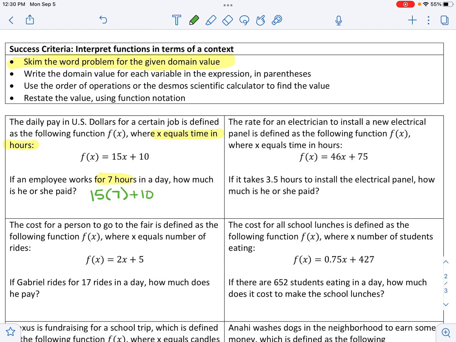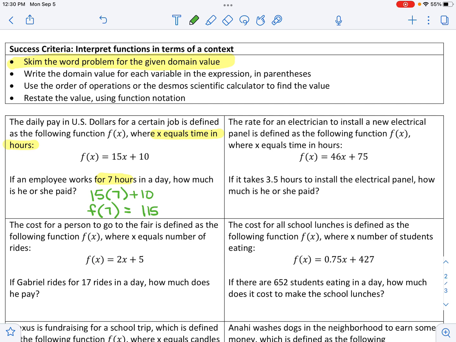Rewrite it as f of 7 is equal to, well, 105, it should be 115, but you please check it with a calculator.